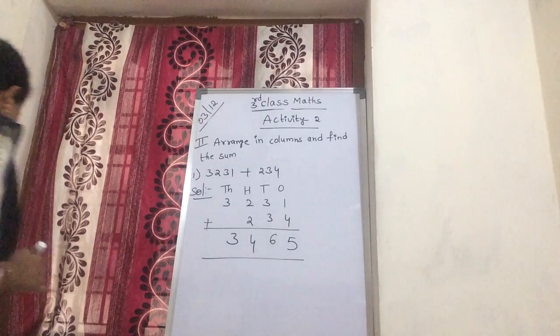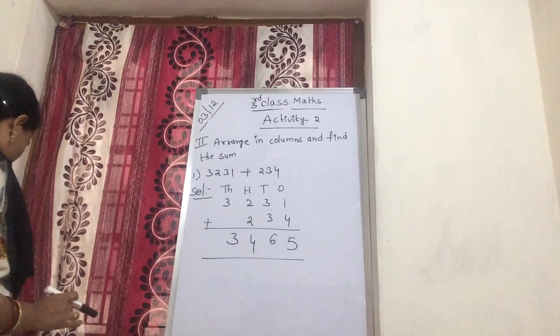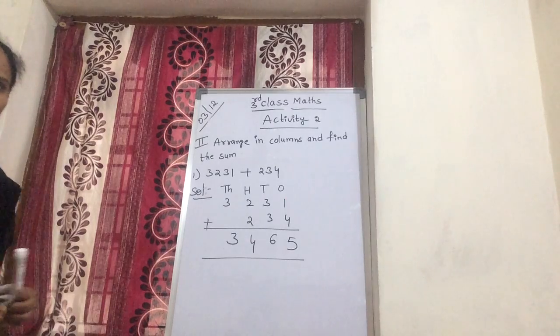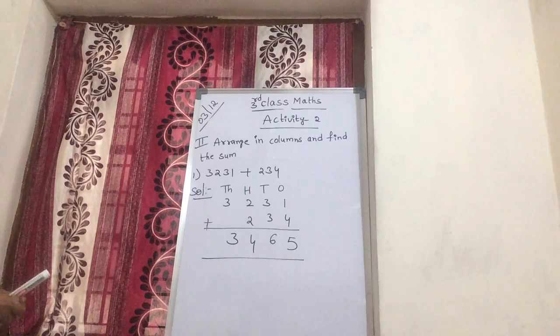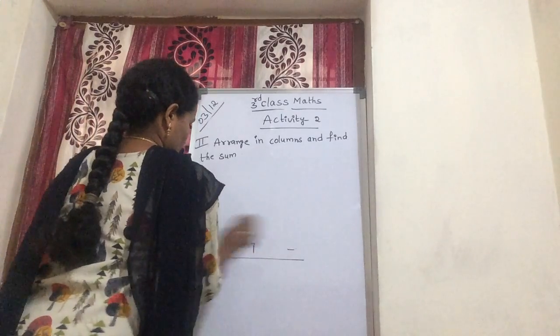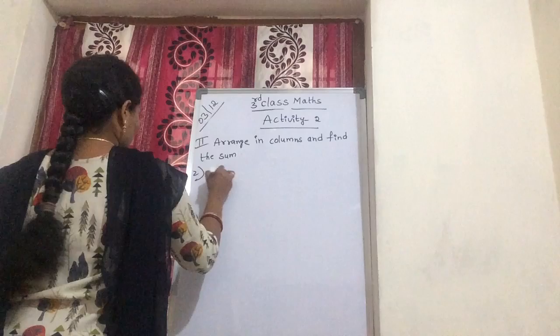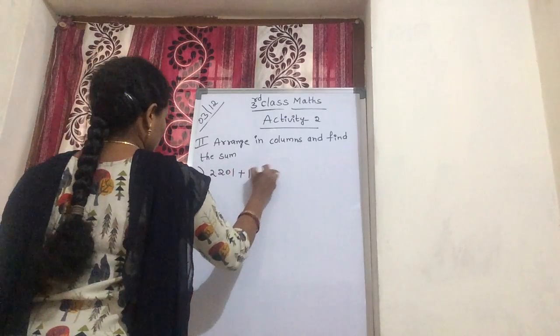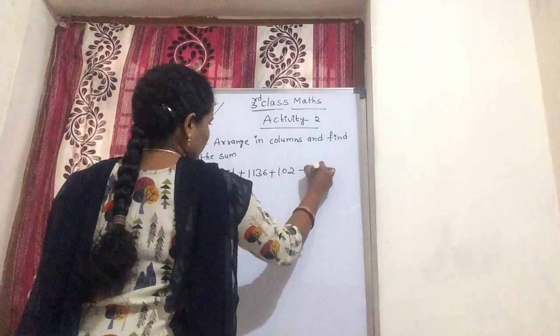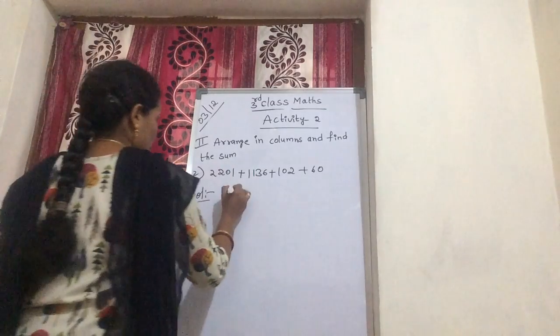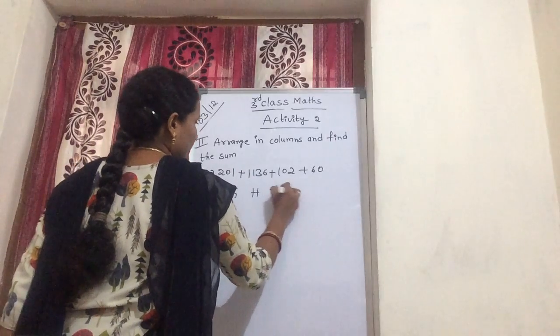Please copy it. The next problem. First we arrange in columns. First write the place values: ten thousands, thousands, hundreds, tens and ones.